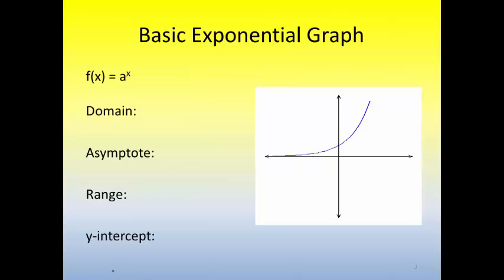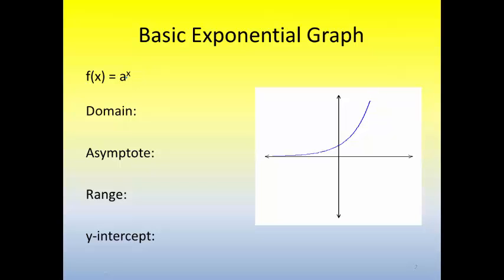This is the basic shape of our exponential graph. Now, I've often used b as my base. It doesn't matter what variable we are using there, but we have a base to the power of x. So the base stays constant and it's the exponent that's changing. So in this case, we can see that the exponent must be making this larger.